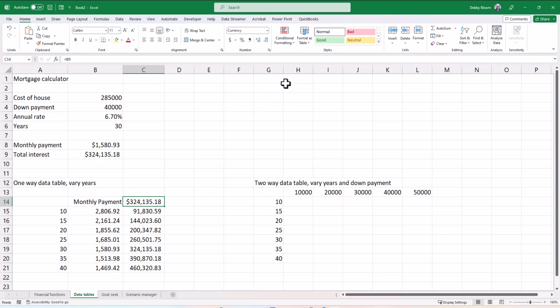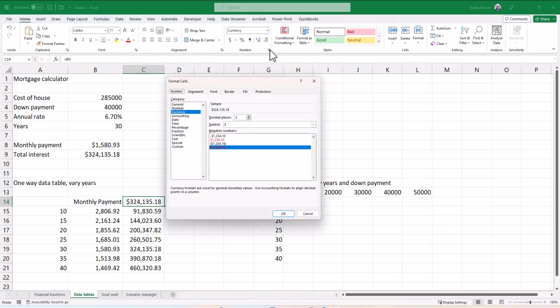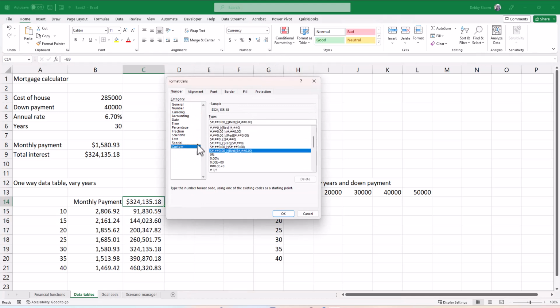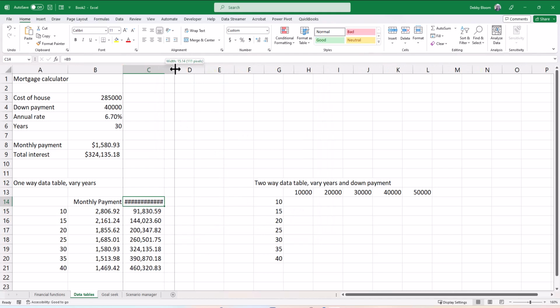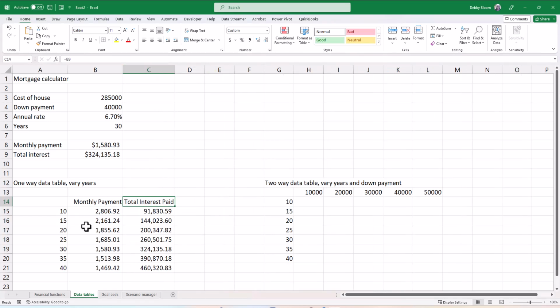So making sure that I'm on the Home tab, number group, custom, just delete whatever is in type, it doesn't matter, whatever it is, open quote, total interest paid, close the double quote, and click OK. And notice if you were a real estate agent, this would be extremely useful for you to present to a client who is unsure about how many years to go with their mortgage.